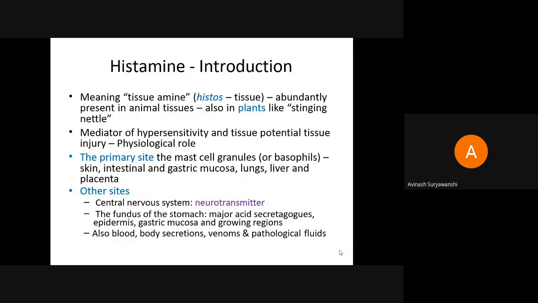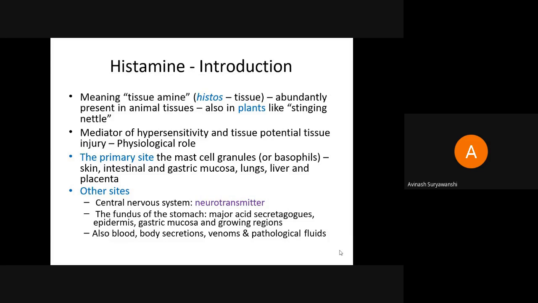If we look at our body, we have two types of histamine. One is called mast cell histamine, and the second is called non-mast cell histamine. Okay, meaning histamine which is present inside the mast cell, and the second one is histamine which is not inside the mast cell, but is synthesized by that particular cell.